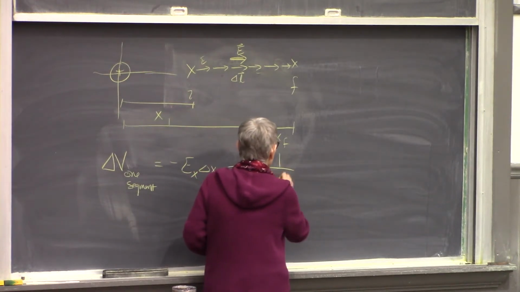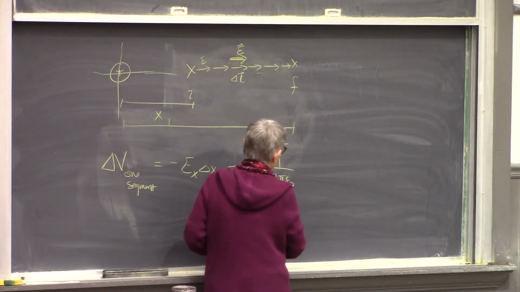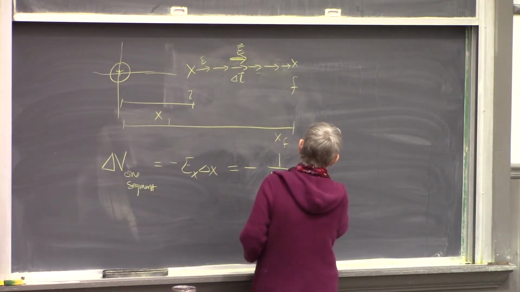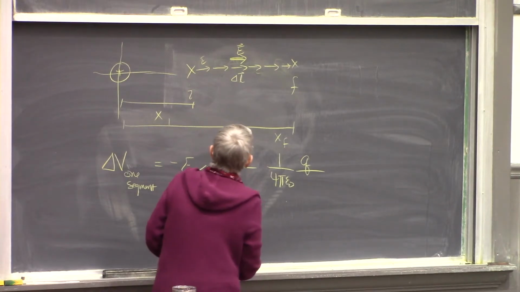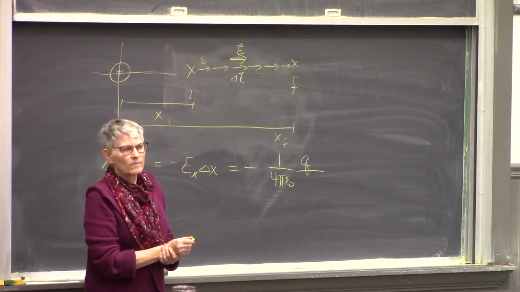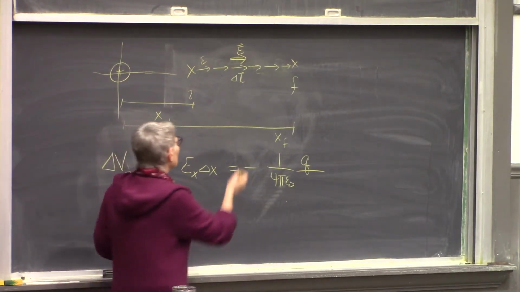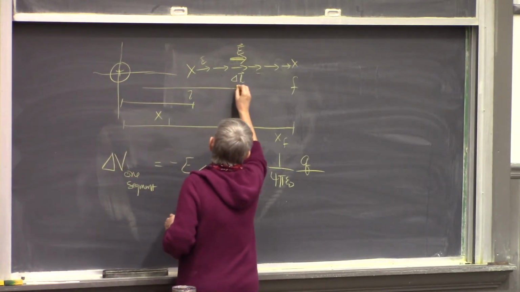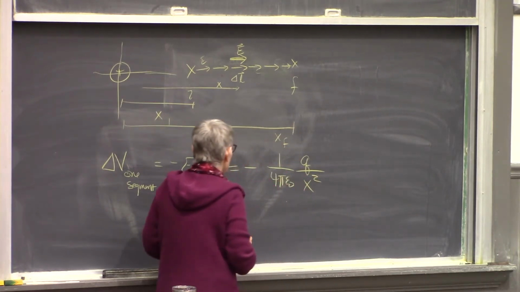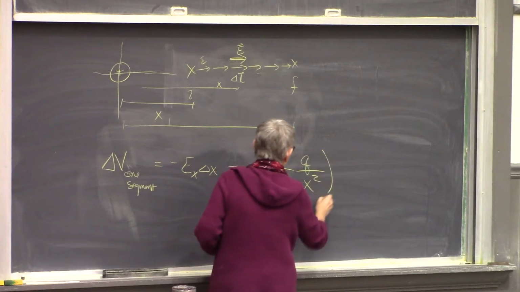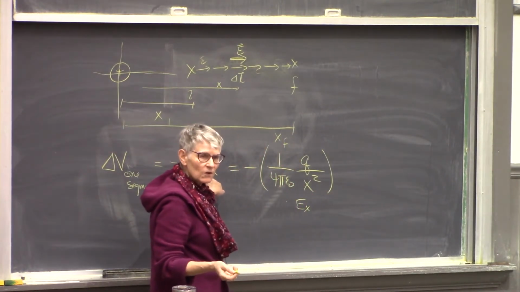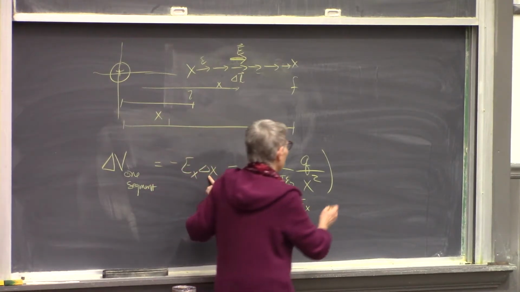We have 1 over 4 pi epsilon 0, we have Q of the point charge, and what's our variable here? The variable's just x, so wherever we are, that's x. So we have an x squared. So that's the Ex piece. And then we have the delta x piece, so that's a delta x.